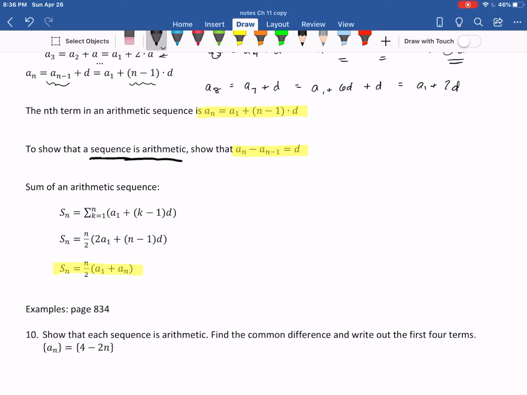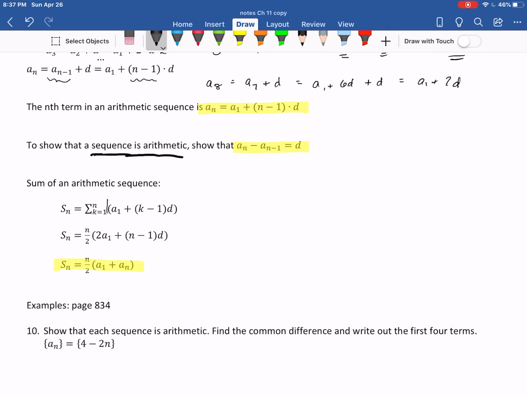But if you're adding up the terms in an arithmetic sequence, remember how the general formula for an arithmetic sequence we just talked about is right here. And I'm using the variable k now instead of n because I'm allowing that term value to change, right? So the first iteration through of my arithmetic sequence, k would be 1, okay?